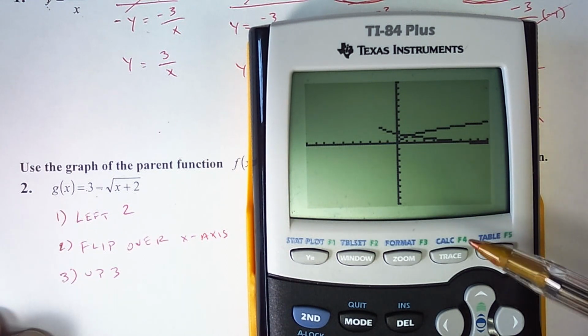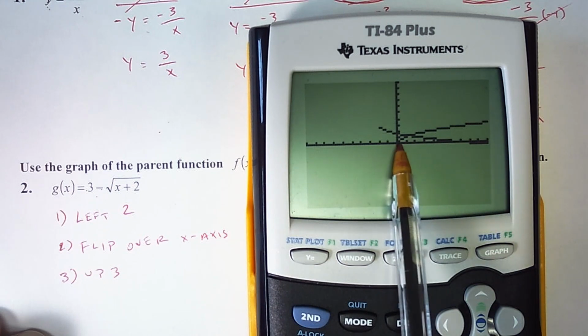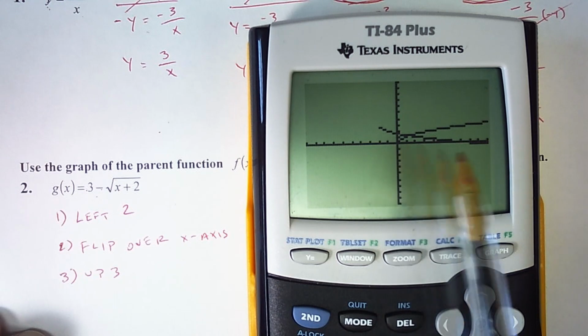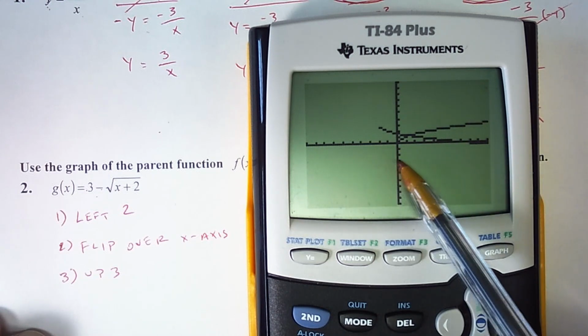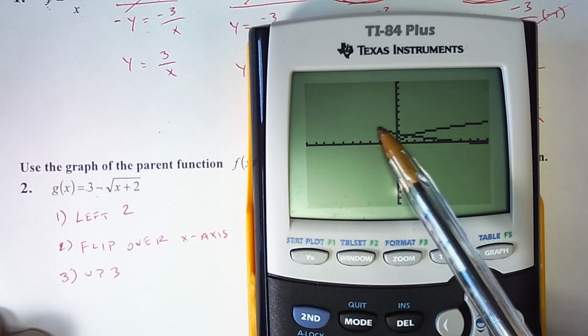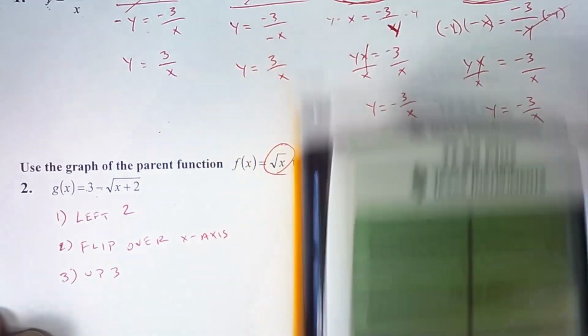Okay, so it is shifted left 2. Okay, so it was here, now it shifts left 2. Then it flips over the x-axis, which would actually put it down here. But after that, it is shifted up 3 units. So it looks like we've got the correct transformations.